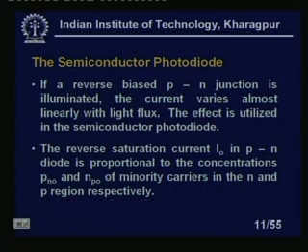So, if it is reverse bias, the reverse saturation current I0 is proportional to the concentrations Pn0 and Np0 of minority carriers in the N and P type regions. Pn0 is the minority carrier, the hole, in the N type region, and Np0 is the electron, which is the minority carrier in the P region, respectively.